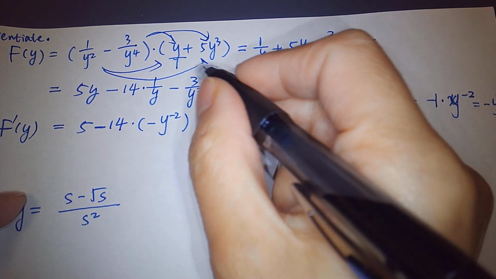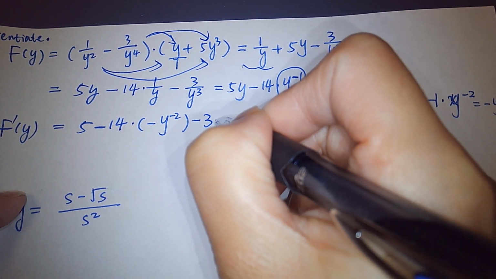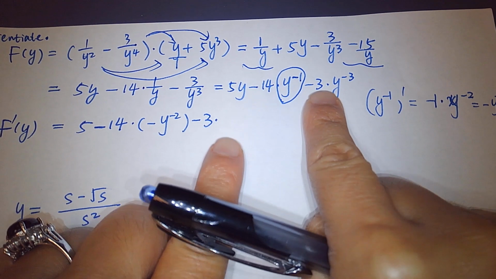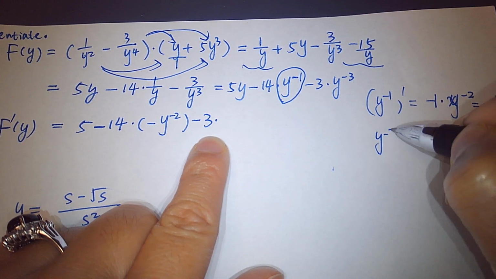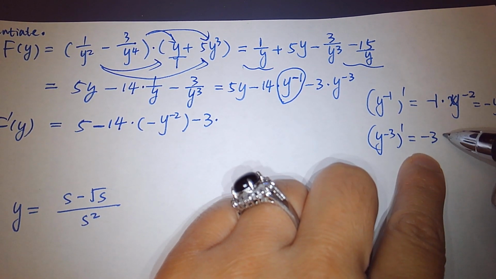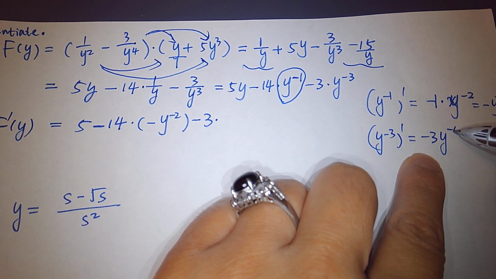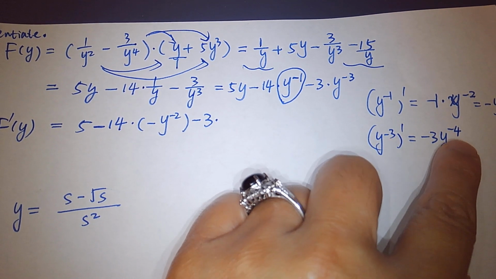And then the derivative of this term, negative 3 is still negative 3, right? What is the derivative of y to the negative 3? Negative 3y to the negative what? 4. Okay, because n is negative 3, minus 1 gives us negative 4.